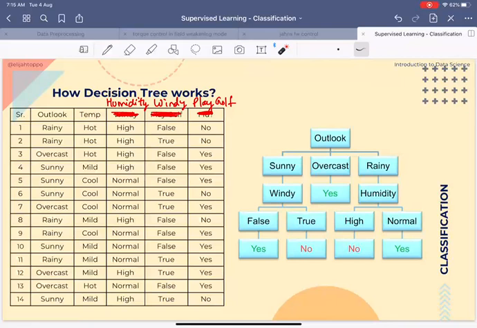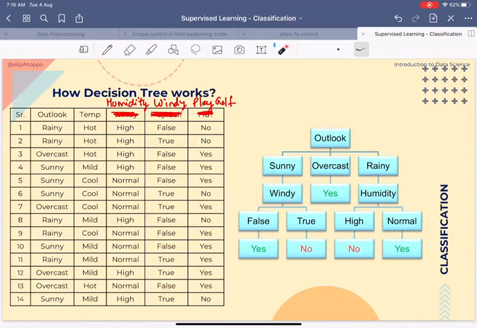Okay. The more interesting question is, if I have this data, why did I go for Outlook as the first option? And after Outlook, when I got sunny, why do I choose windy here? Why do I not choose humidity or temperature? Make sense?